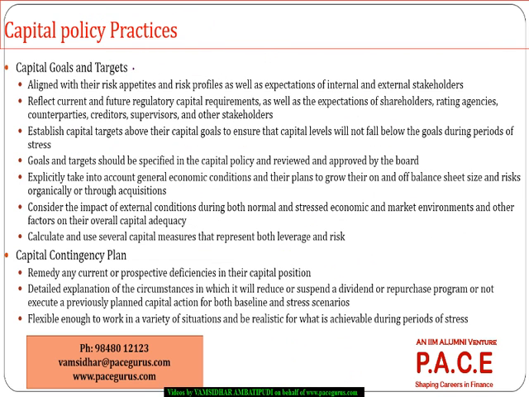Now, coming to the goals and targets, obviously they have to be very much aligned with the risk appetite of the company. How much risk the company is willing to take. What is the risk profile of the company?